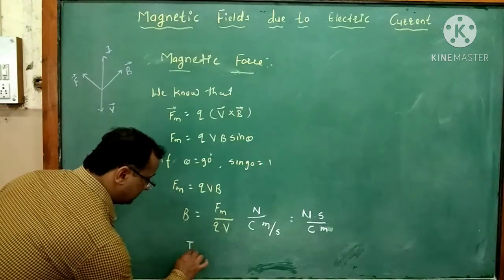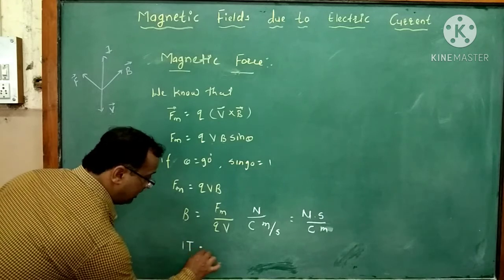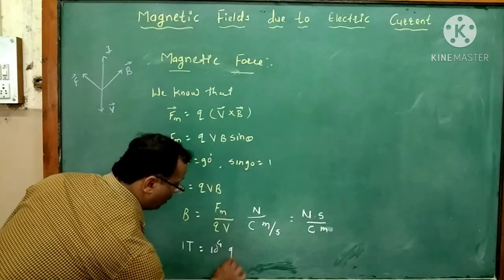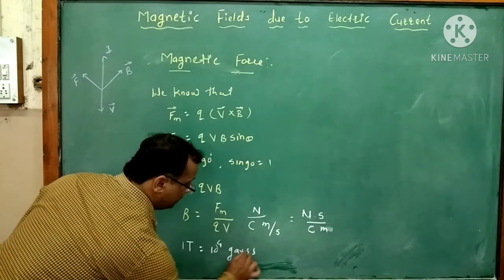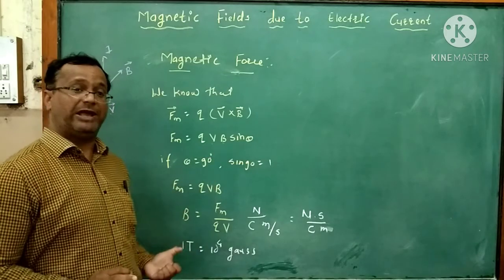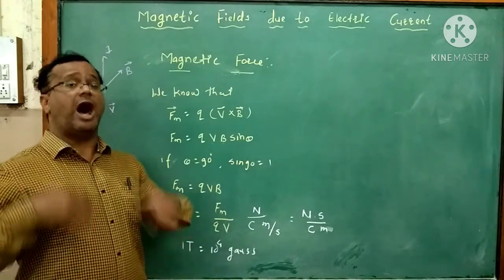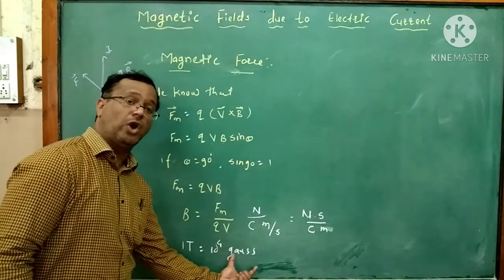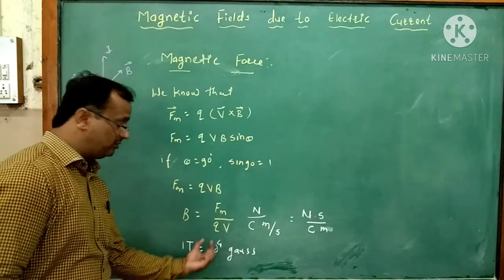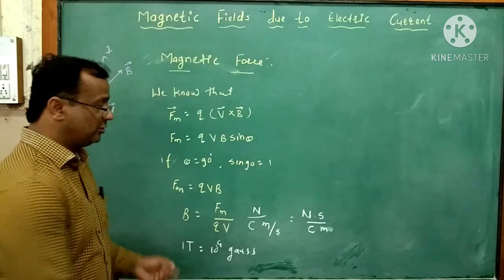Which one? Tesla. And the value of 1 Tesla is equal to 10 raised to 4 Gauss. Here, Gauss is not the SI unit of this magnetic field, but for our convenience, we take the Gauss. Gauss is the name of the scientist. So that's why 1 Tesla is equal to 10 raised to 4 Gauss. So what we get there?